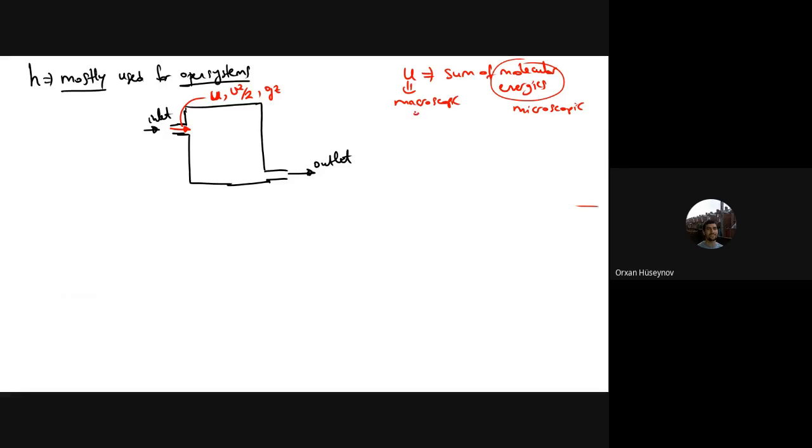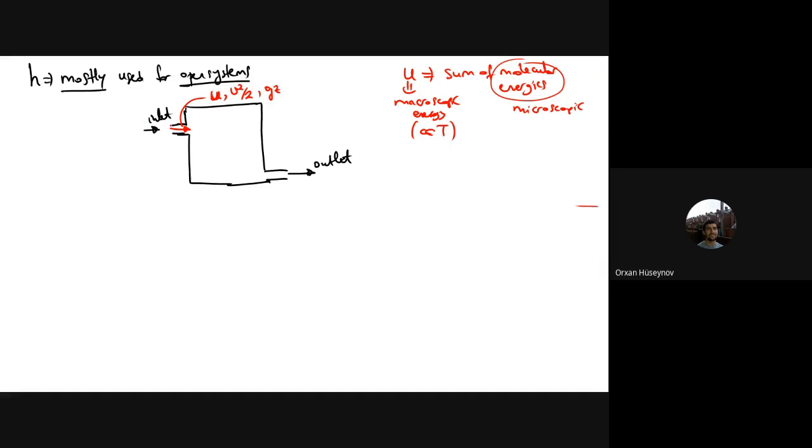So you don't feel the energy of the individual molecules. They can translate from one location to another, vibrate, rotate, etc. Most of the time, internal energy is a function of temperature. If you increase the temperature, internal energy increases.